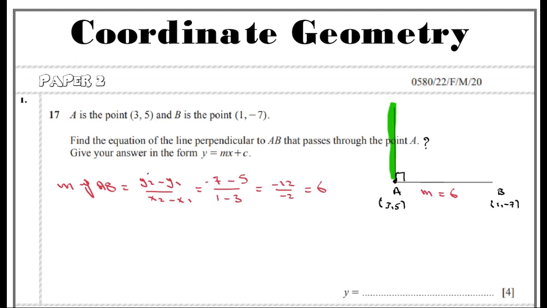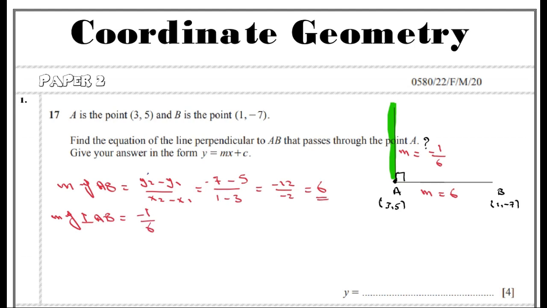Then the slope of the line perpendicular to AB is equal to negative 1 over 6, the negative multiplicative inverse of 6. The slope of the line perpendicular to AB is equal to negative 1 over 6.